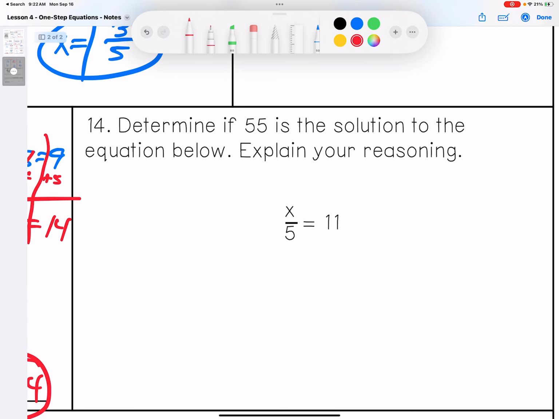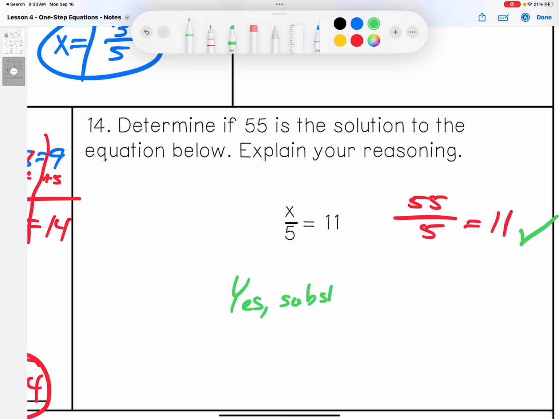All right. Determine if 55 is a solution to the equation below. All we have to do to figure that out is substitute it in. So we just put 55 where x is. 55 over 5. Is that correct? When you enter 55 over 5 into your calculator, does it equal 11? Yes, it will. So the answer is yes.